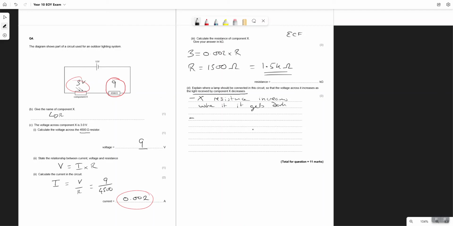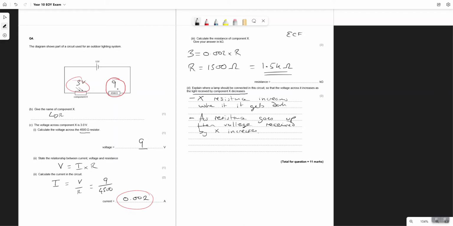So as resistance goes up, the voltage received goes up.